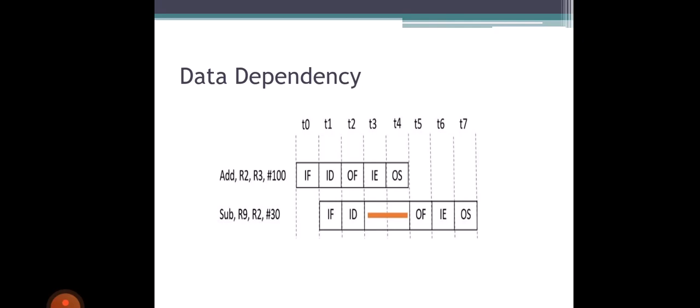But the sub instruction needs the value of the register R2 at the clock cycle T3. So the sub instruction has to stall 2 clock cycles. If it doesn't stall, it will generate an incorrect result. Thus, the dependency of one instruction on another instruction for data is data dependency.